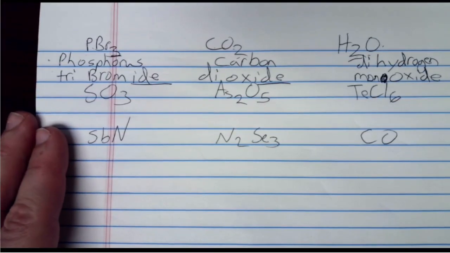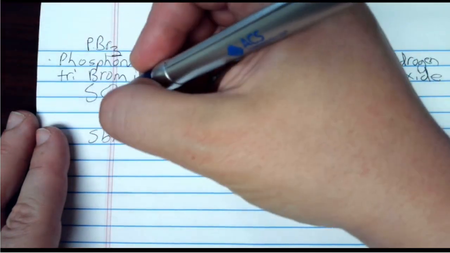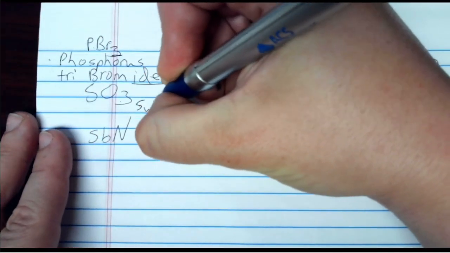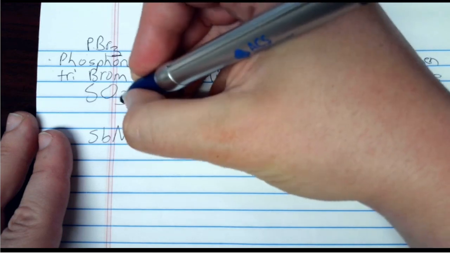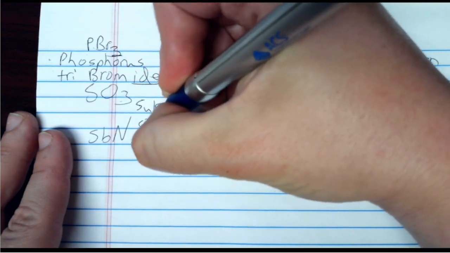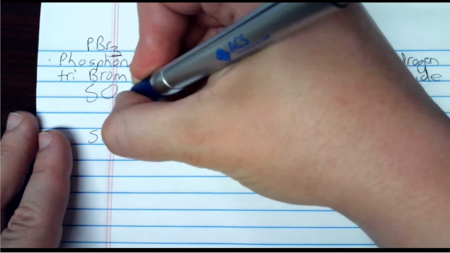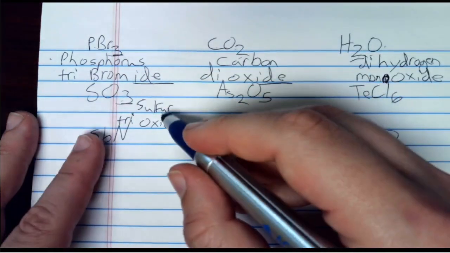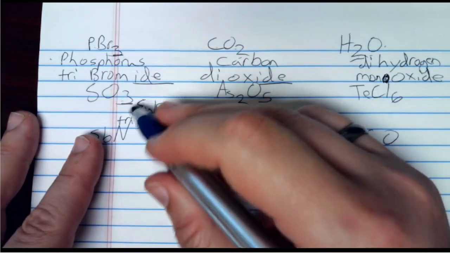So, keep working. SO3. So we have sulfur, oxygen, oxide, and there's 3 of them, so we call this sulfur trioxide.